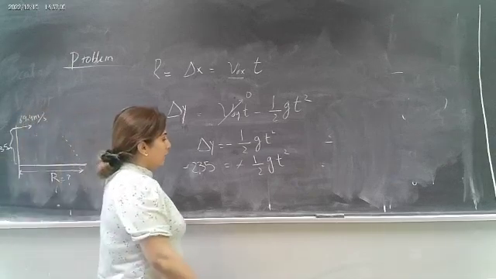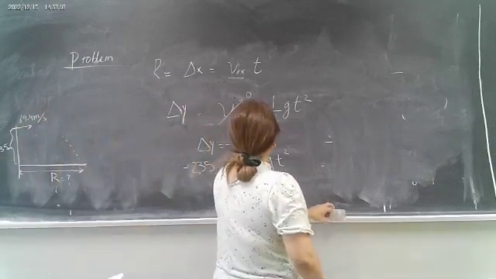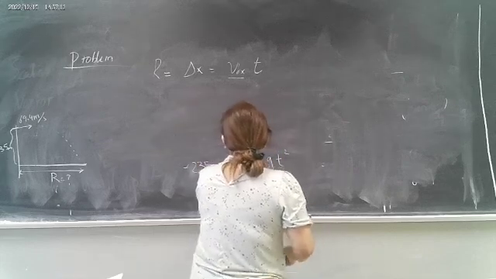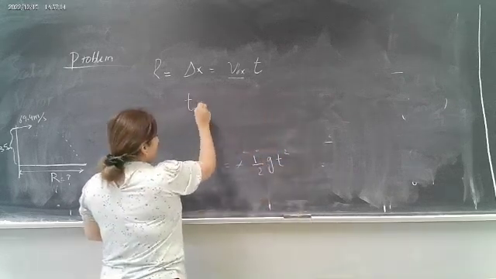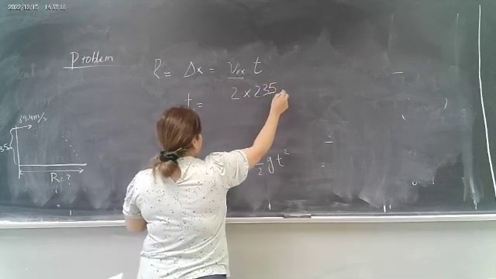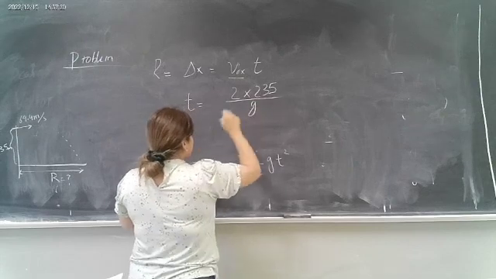By rearranging the equation, time will be equal to the square root of two times 235 divided by g.